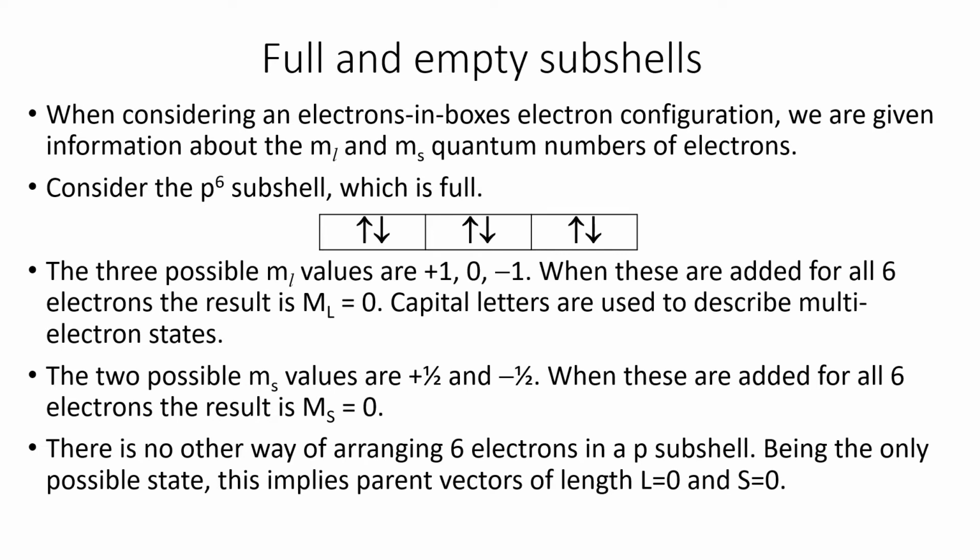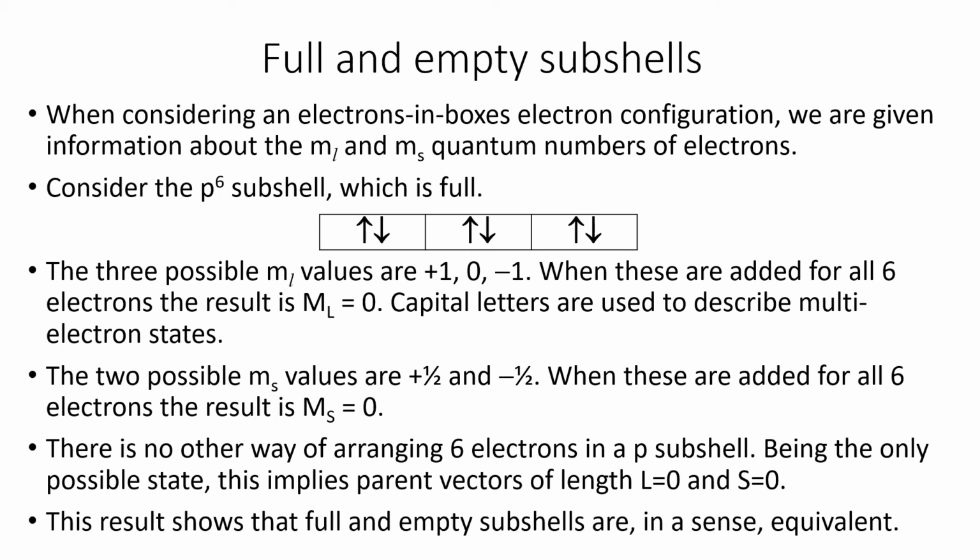This is very interesting because we see then, looking at this whole subshell, this full subshell actually has overall no angular momentum of any type, neither orbital nor spin. That's quite curious because it shows that the full subshell is kind of invisible from the point of view of angular momentum. It's no different to a completely empty subshell.